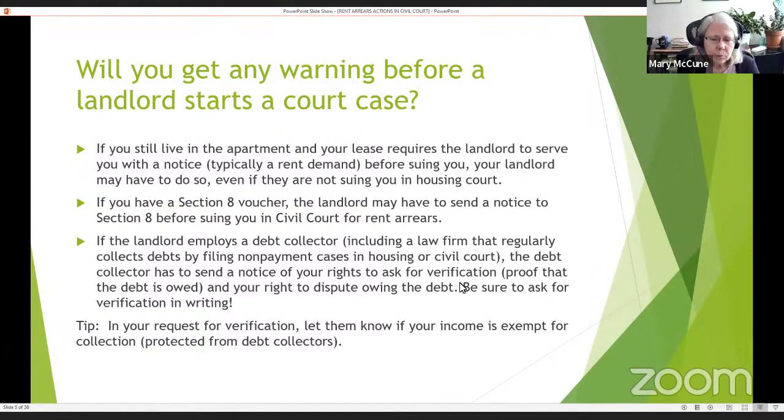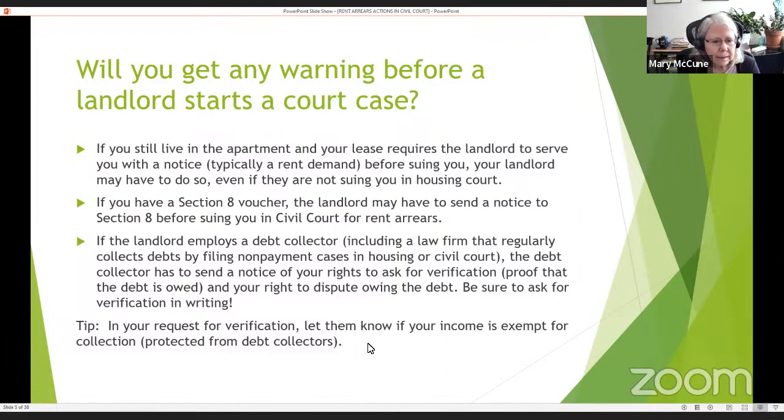In order to have the debt collection process stop while that verification request is pending, you have to ask for the verification in writing. And it does stop collection of the debt, but it doesn't necessarily stop them from filing a court case against you. It can stop them from sending you letters saying pay up, pay up, pay up, which is often what people experience in civil court types of cases.